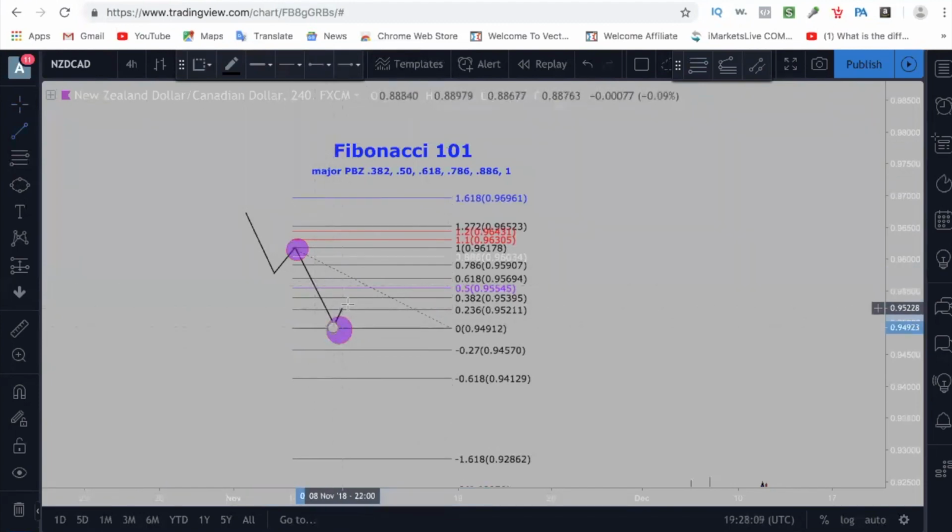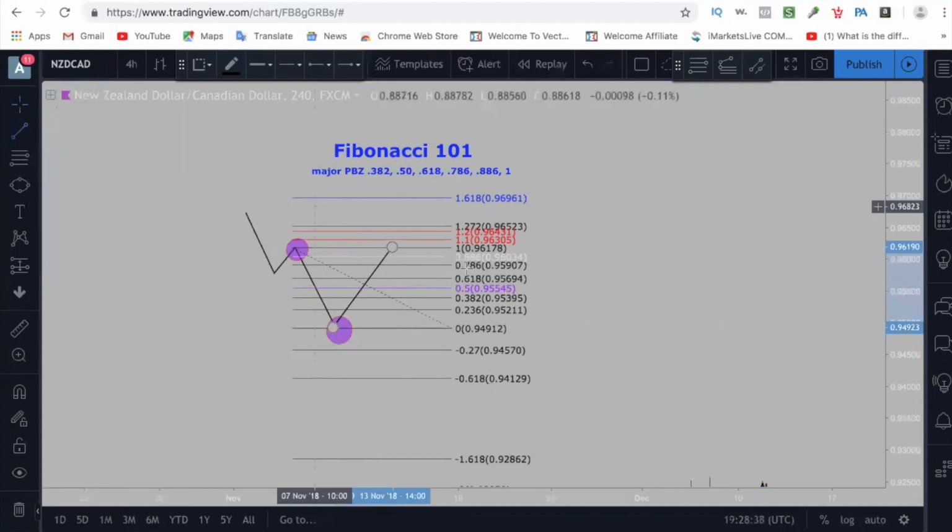Once the market has started pulling back, you want to see where it is going to plot. Is it going to plot at the 38.2, the 50, the 618, the 786, the 886, or the 100 zone? Once it has plotted at a zone, you will then see a reversal pattern, M top, head and shoulders, some type of formation letting you know that this is the zone where the market is going to rest to continue on with the trend.